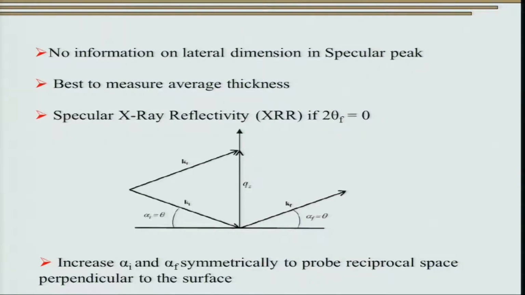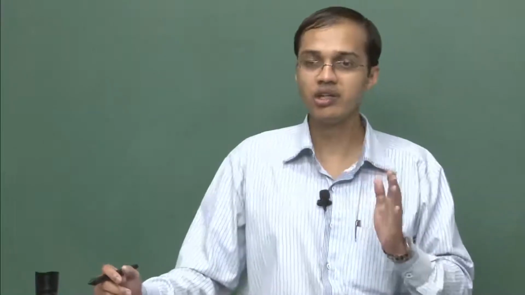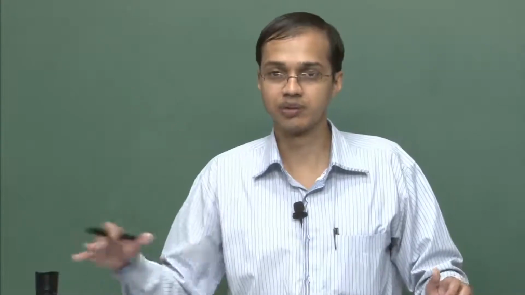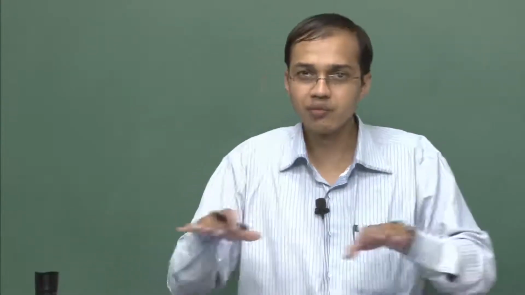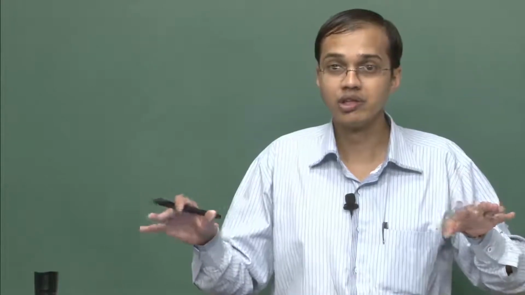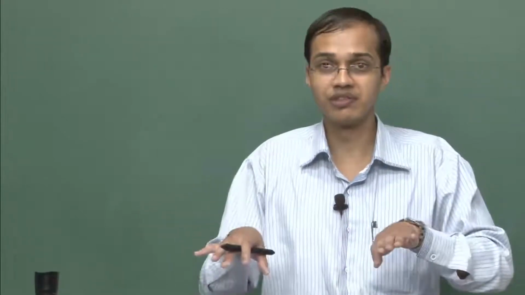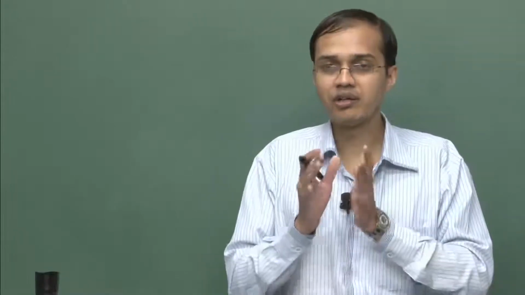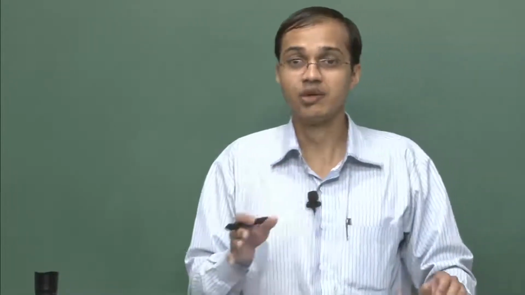as X-ray reflectivity. However, I hope you appreciate that if you are interested only in obtaining information perpendicular to the plane of the substrate, you do not really want any information about the plane of the surface, and therefore to obtain very good X-ray reflectivity data, you have to ensure that there is no scattering in this direction, and this gives rise to a particular condition wherein you have 2 theta f equal to 0.